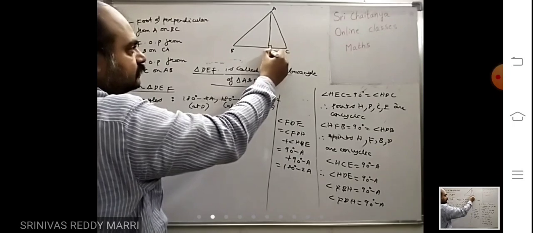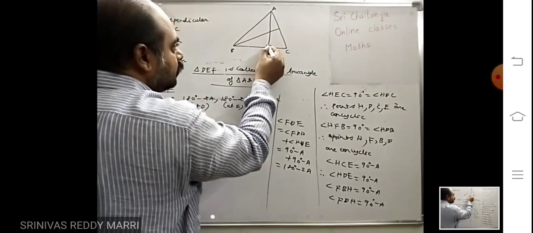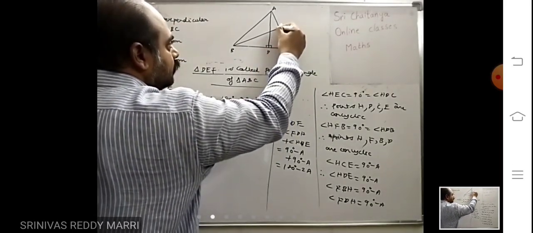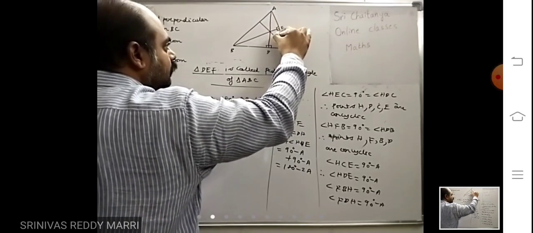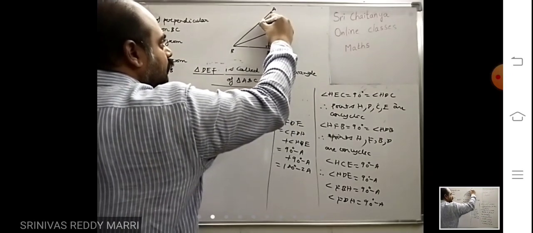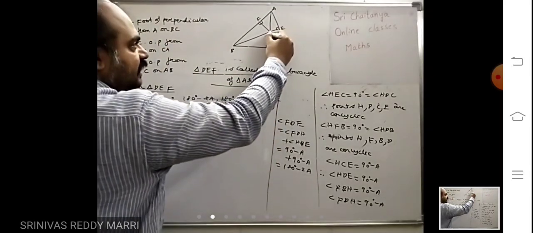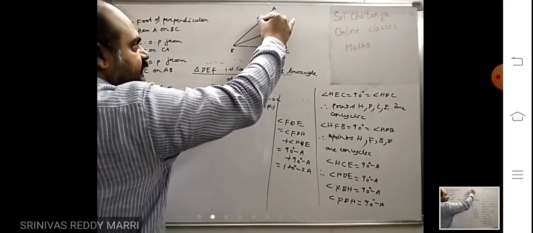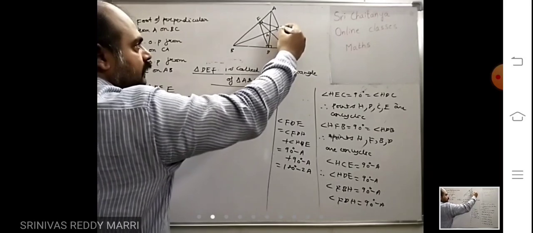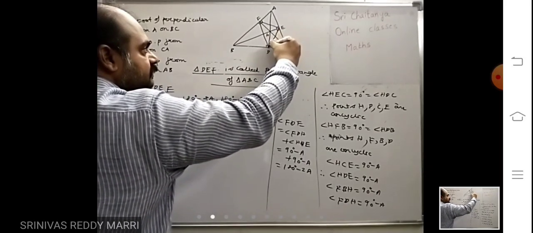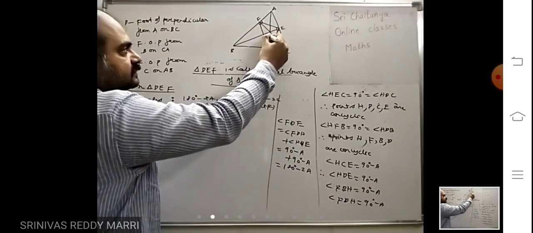This is one altitude. So this is the orthocenter. Join this. This is the triangle we are talking about, and this is the orthocenter.